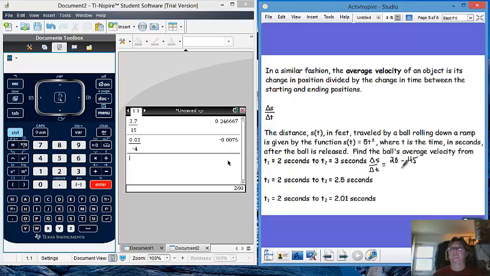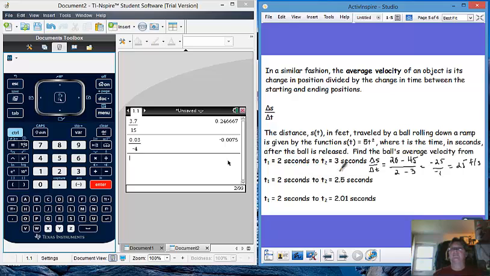It's changed its position from 20 to 45 over the times involved, and those were 2 minus 3. So really, again, we're doing a slope calculation here. 20 minus 45 is negative 25 over negative 1, or 25, and these are feet per second.